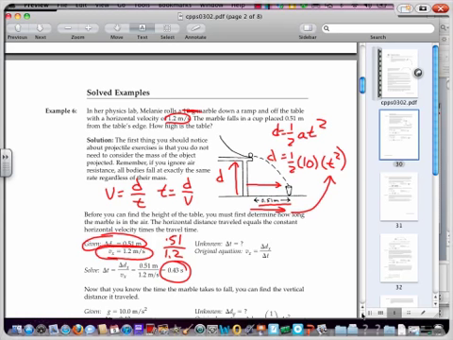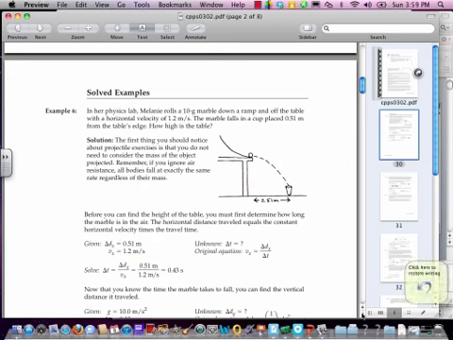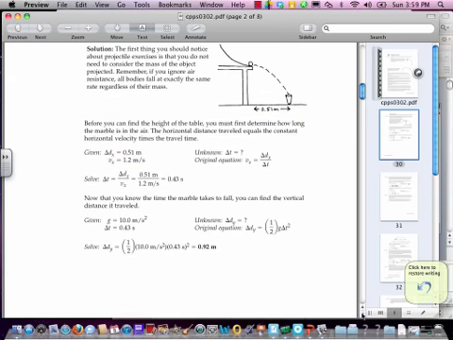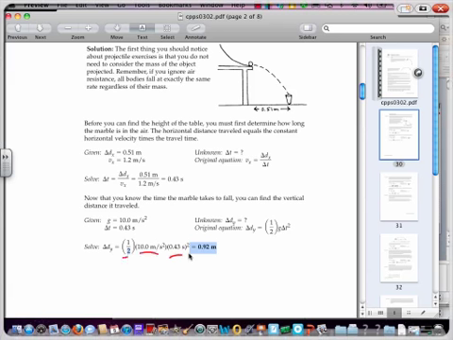Now we take 0.43, plug it in, square it, multiply by 10, multiply by 1/2, and you end up with 0.92 meters. So that table was 0.92 meters above the floor.